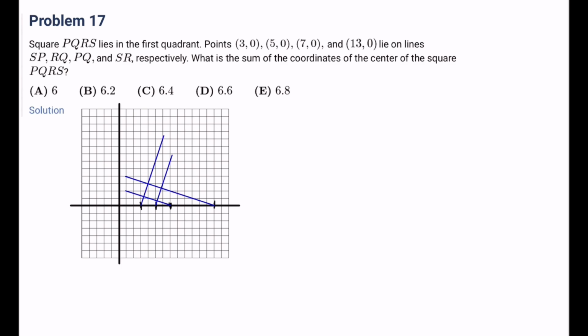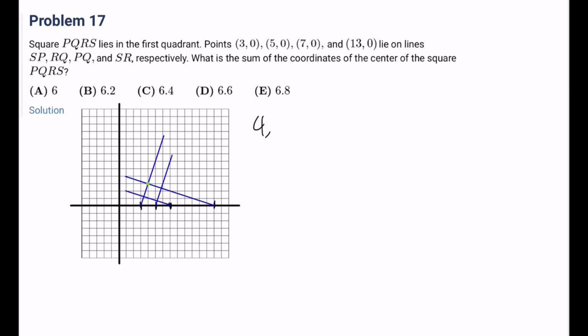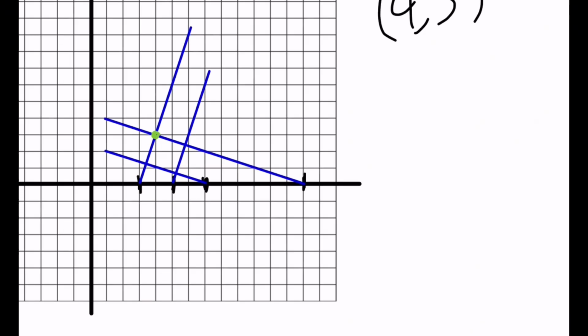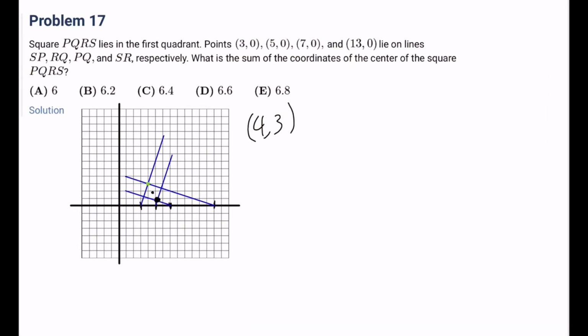And so now we know this coordinate because that's just integer coordinates, (4, 3). So we have (4, 3) already, and if we know this coordinate, then we can just get the midpoint of those coordinates, and then that will be the center of the square. And so to get that coordinate, we need this line and this line, and get their intersection.